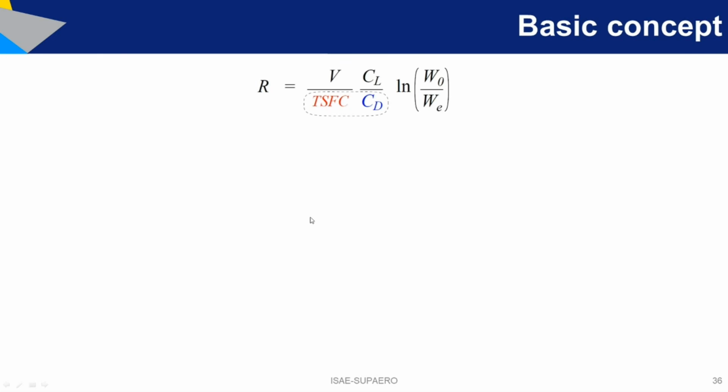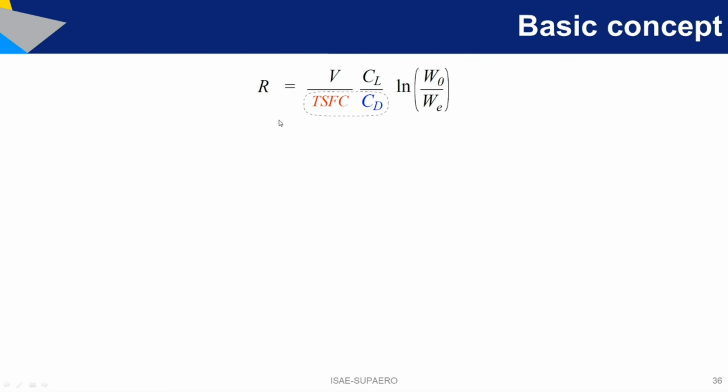So this method appeared at a time when the aircraft configuration had changed. Until the end of the 90s, the typical configuration for civil transport aircraft was of the tube and wing type. In those cases, the engine is separated from the airframe, and in those conditions we can apply this equation, the Breguet equation.